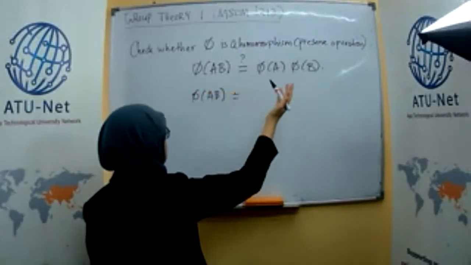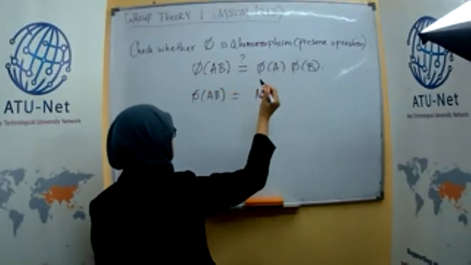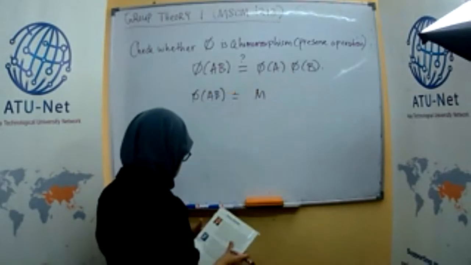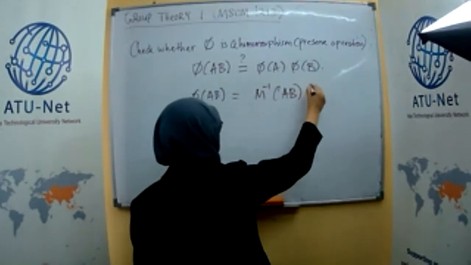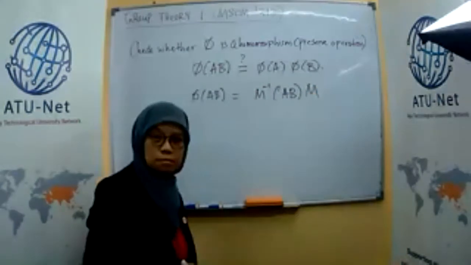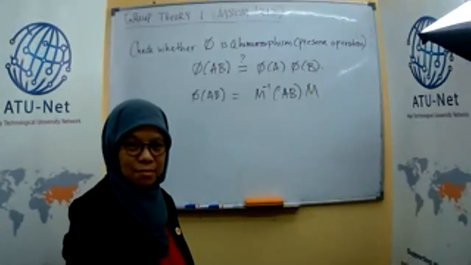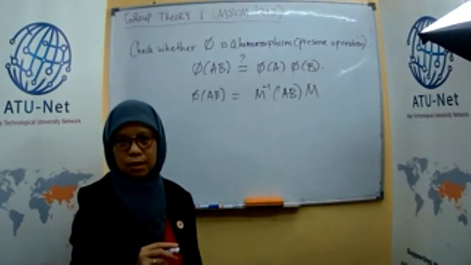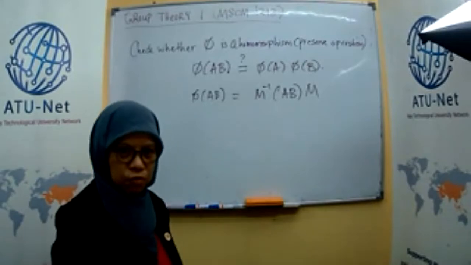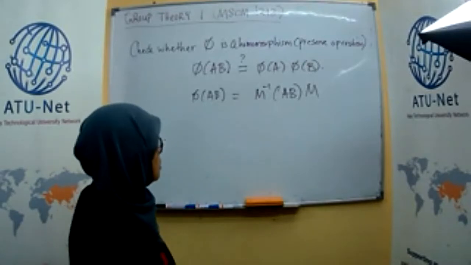Okay, now you take the left-hand side. What is the formula? M inverse, right? A, B, M. Because phi A is M inverse AM. So phi AB is M inverse ABM.